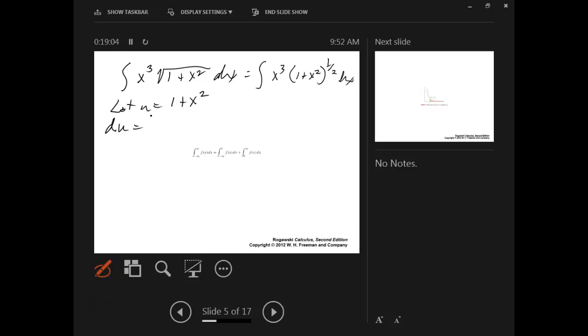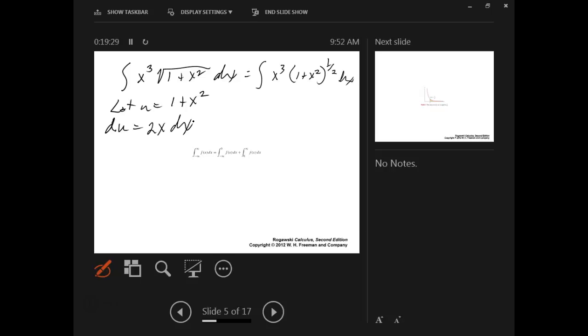So it would basically be 2x, right? Okay. And that's not x cubed dx, is it? Which you were trying to make it, whether it wanted to or not. So what in the world do we do with this?